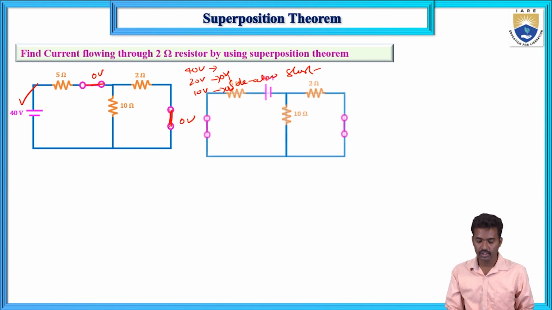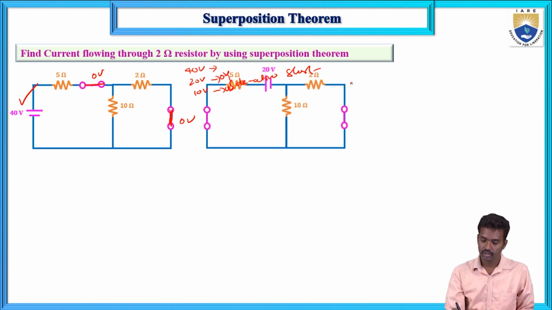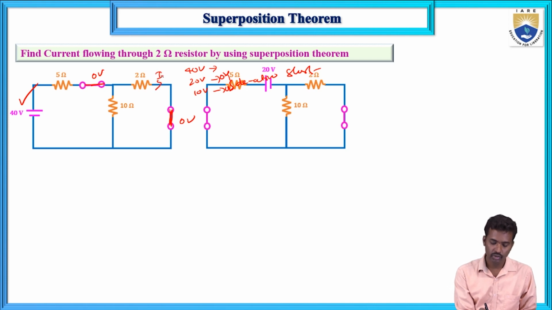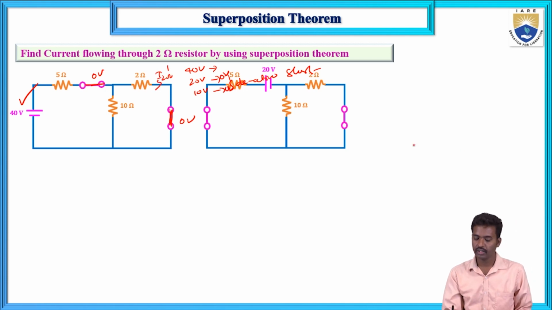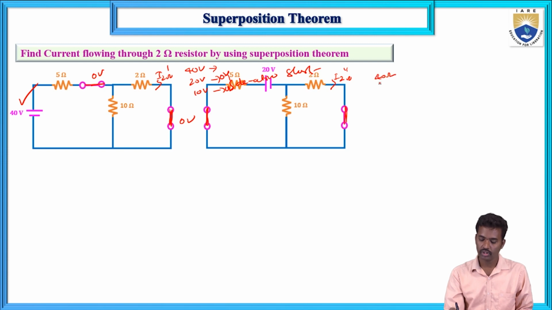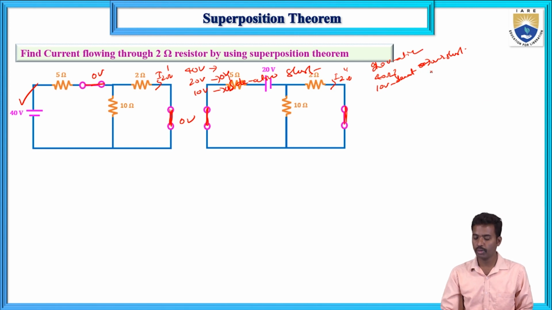Now the second case, where we calculate I2 ohms double dash. Here 40 volts and 10 volts are deactivated, so that value is 0 and they are replaced by short circuits, and only 20 volts is active. Then calculate I2 double dash.